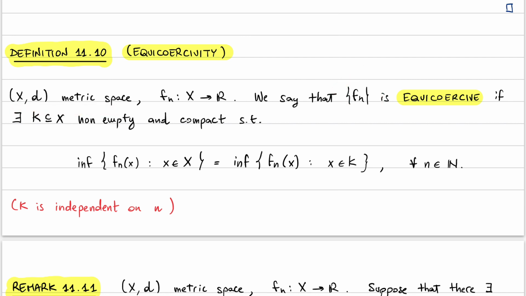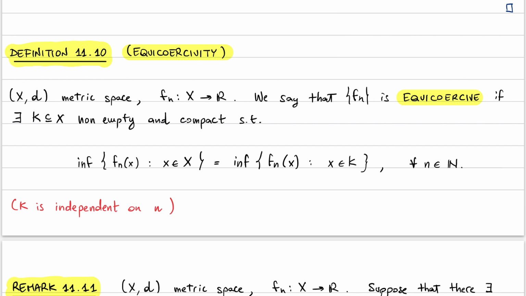So let (X,d) be a metric space, Fn be a sequence of functionals. We say that Fn is equicoercive if there exists a subset K of X, which is non-empty and compact, such that the infimum of Fn for x in X is equal to the infimum of Fn for x in K, and this has to be true for every n in N. So the only difference with the coercivity definition is that we are not only requiring that each single Fn is coercive, but that they are coercive on the same compact set.